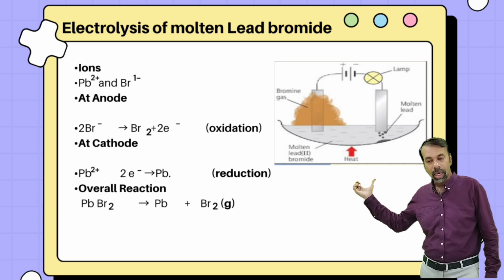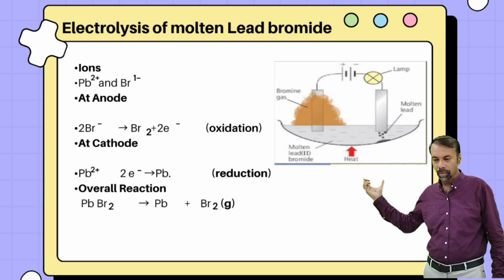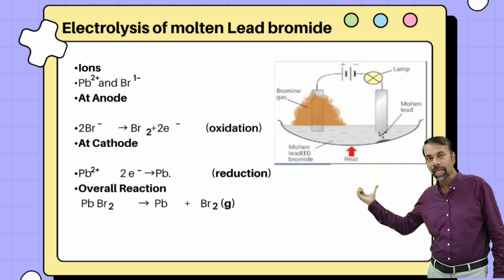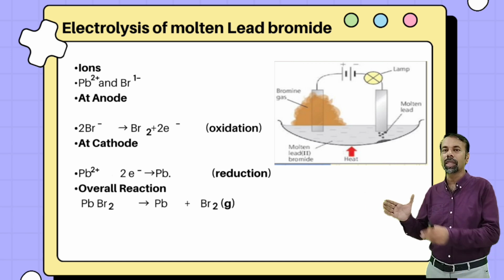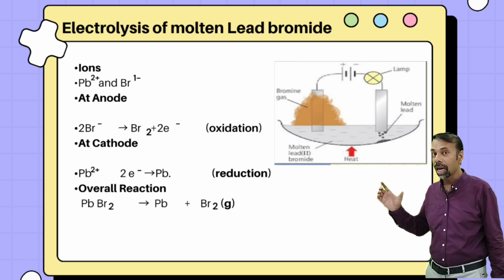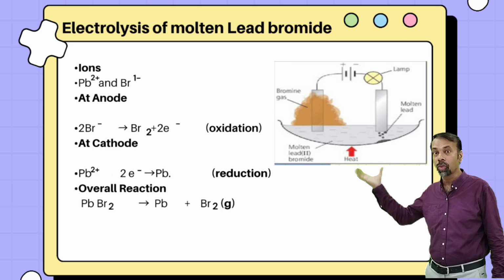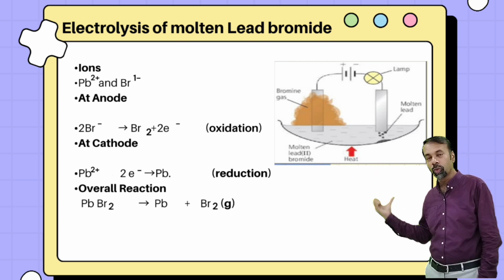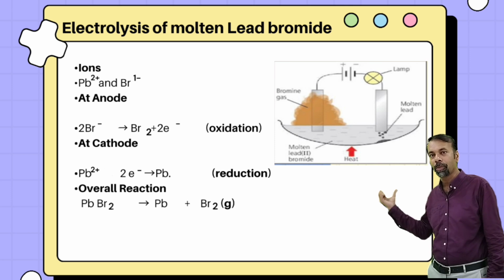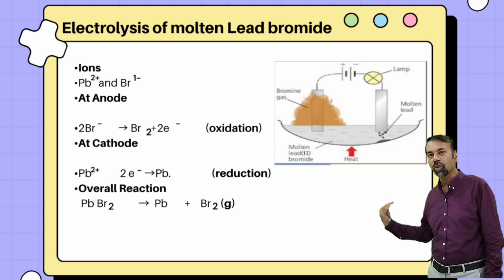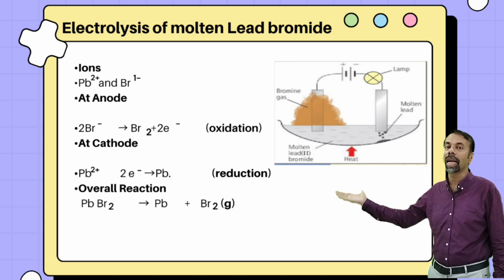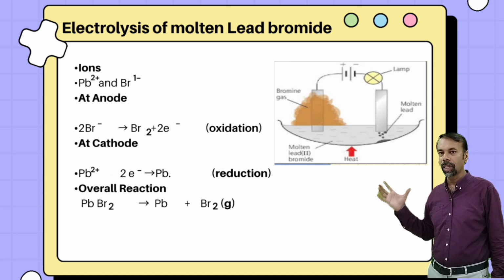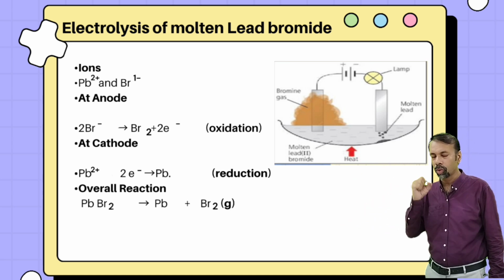At the anode, bromide ions are being oxidized and converting into bromine gas. So you can see brown gas coming out at the anode, and lead forms at the cathode. Lead ions have a positive 2 charge, they will gain 2 electrons and convert into lead metal, and you will see a silvery surface of the cathode there.